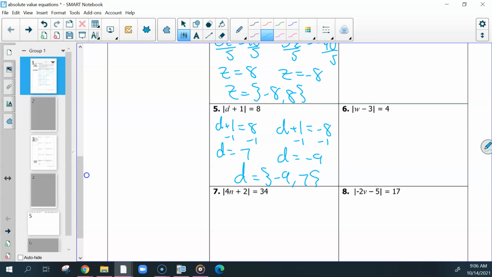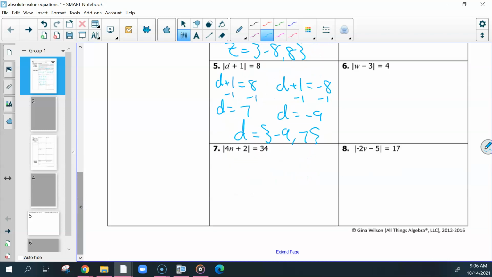So number 6. I'm going to skip number 6 and move on to number 7. Again, our absolute value sign is by itself, so it does not need to be isolated.